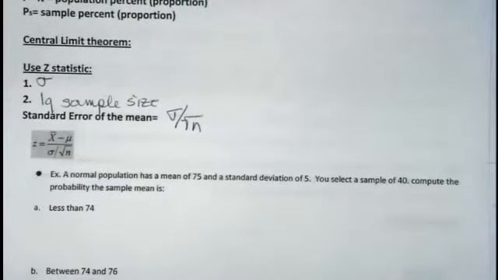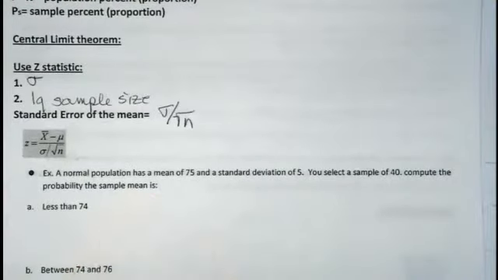So let's go to our first example, and I hope you have it in front of you because I can see that the print is awfully small on here, but hopefully you have your handout right in front of you. I will read it. A normal population has a mean of 75, a standard deviation of 5. You select a sample of 40. Compute the probability that the sample mean is less than 74.